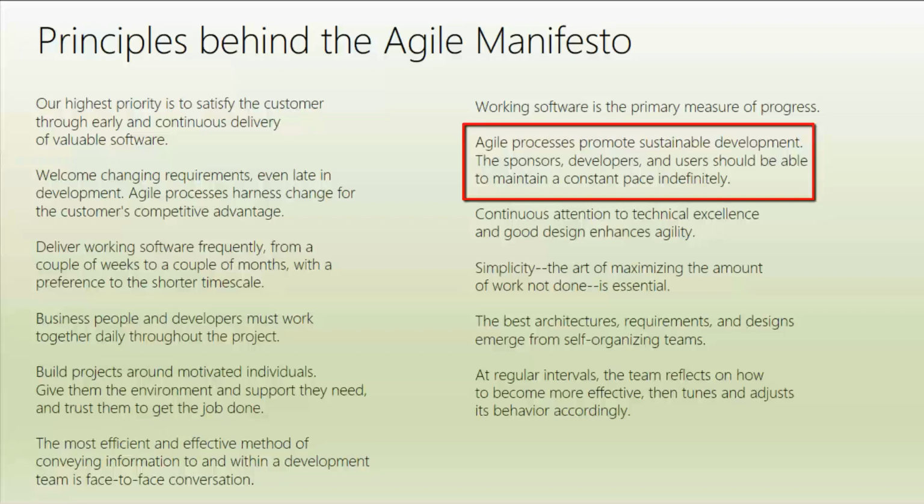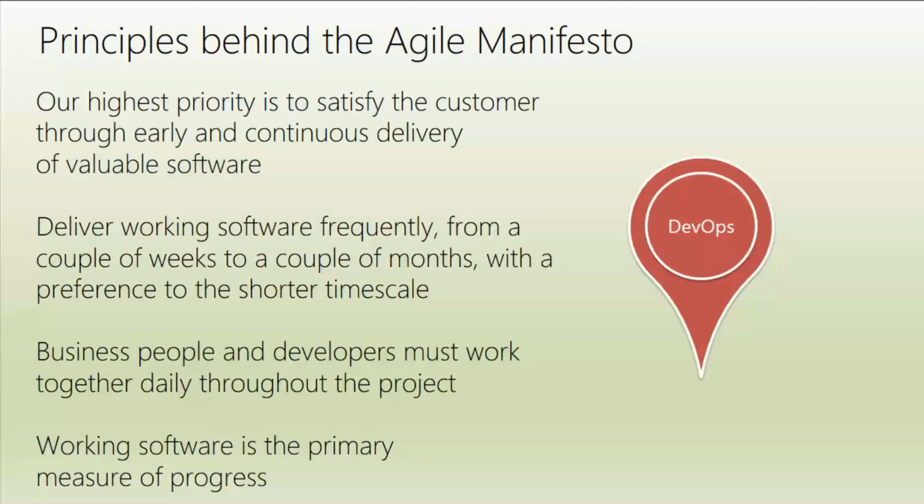And this is where DevOps plays a very, very important role in getting all these teams together on one page so that eventually the customer benefits. And you can take a look at the rest of these as we go along. Moving forward with these principles, the highest priority is, of course, to satisfy the customer, because guess what? The customer is always right. And that is, once again, through early and continuous delivery of valuable software.